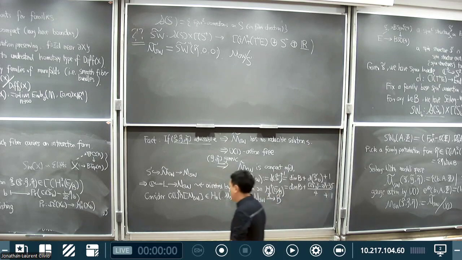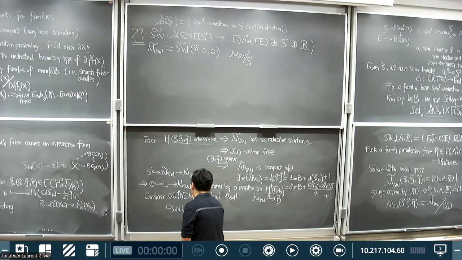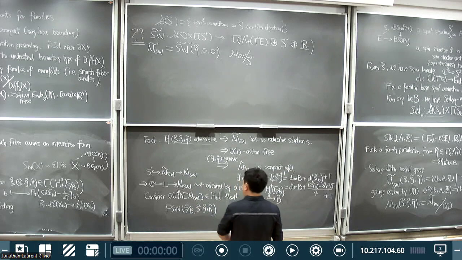So we can define the Seiberg-Witten invariant of this, S tilde, G tilde, beta tilde, to be defined as follows.